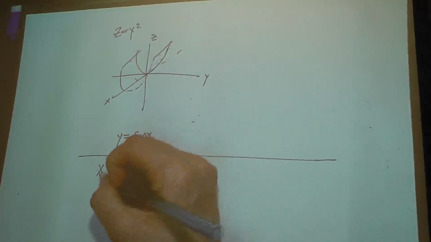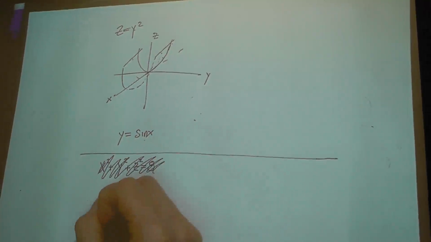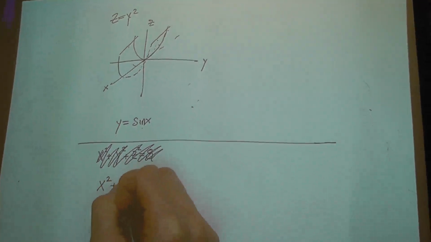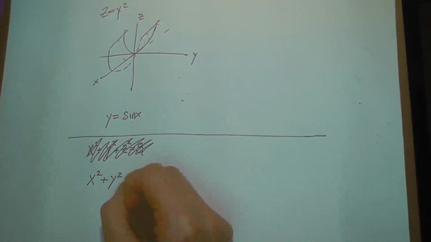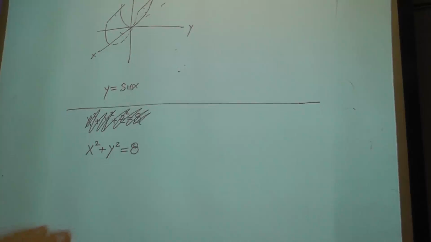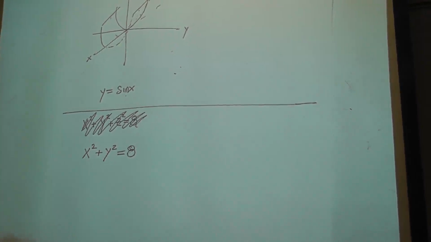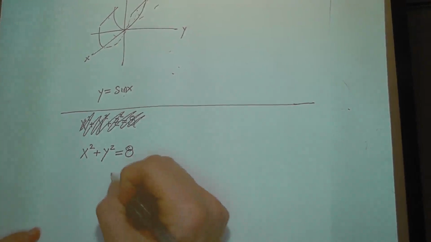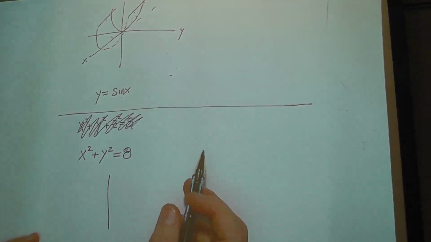Oh, actually, let's do this first. x squared plus y squared equals 8. Oh, no, we're talking about spheres. Sorry.